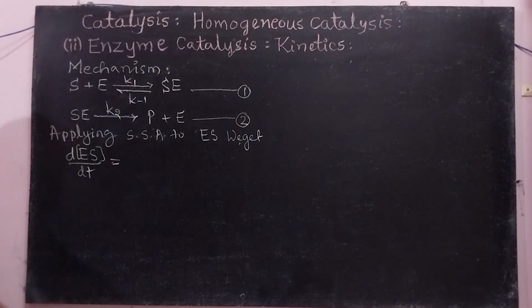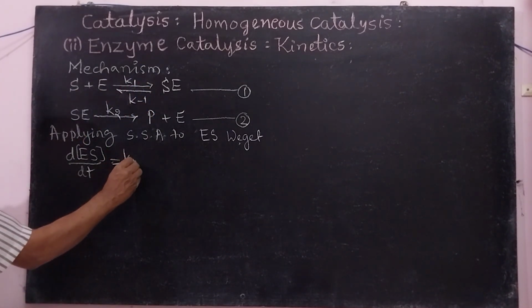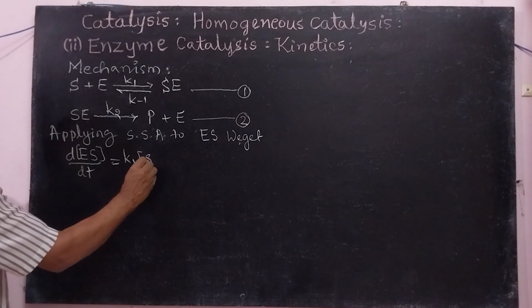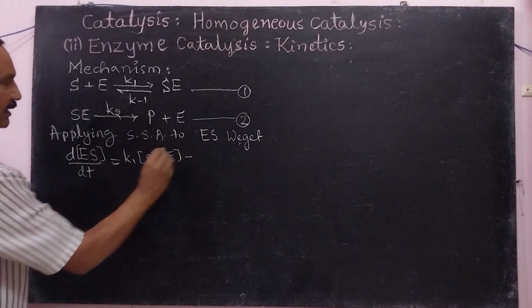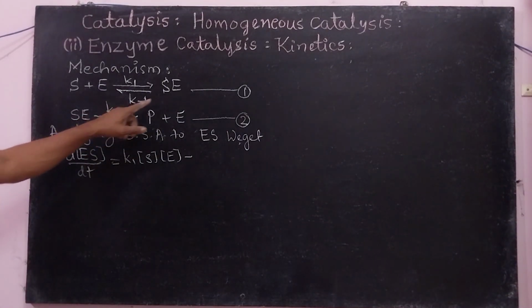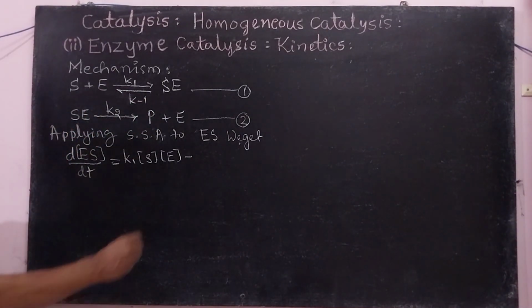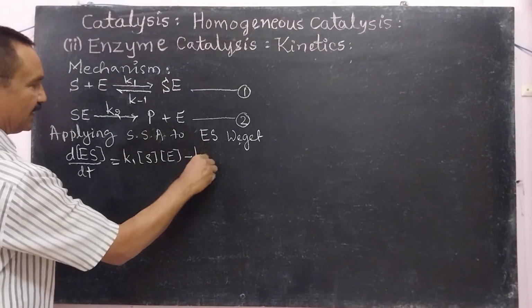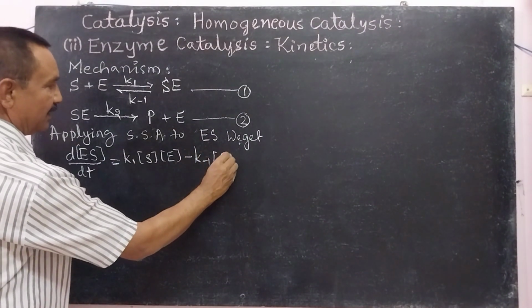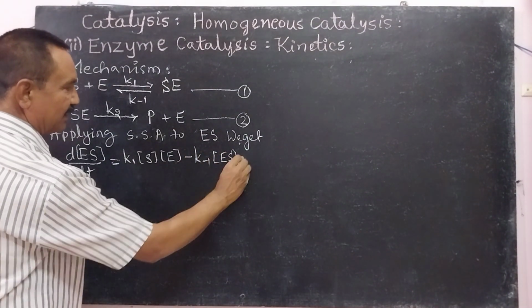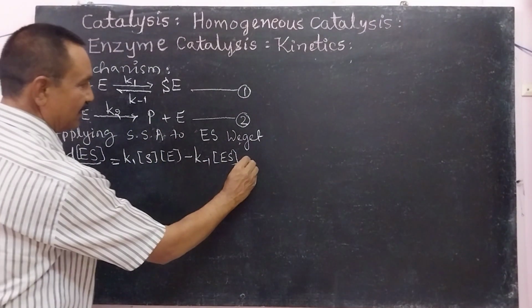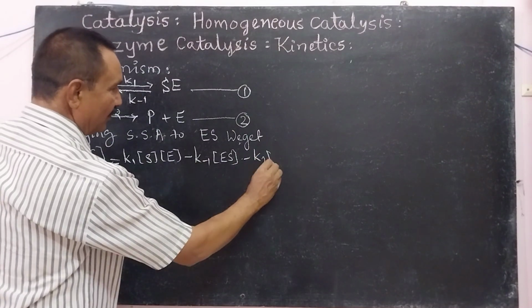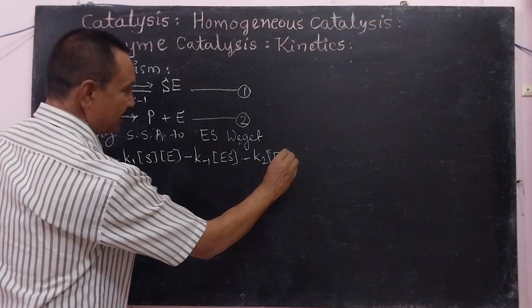This is equal to the formation of intermediate complex, that is K1 into concentration of S into concentration of E, minus the intermediate complex decomposes by this equation, that is minus K minus 1 into ES, the intermediate complex concentration, and it also decomposes to give the product by this equation, minus K2 into concentration of ES.